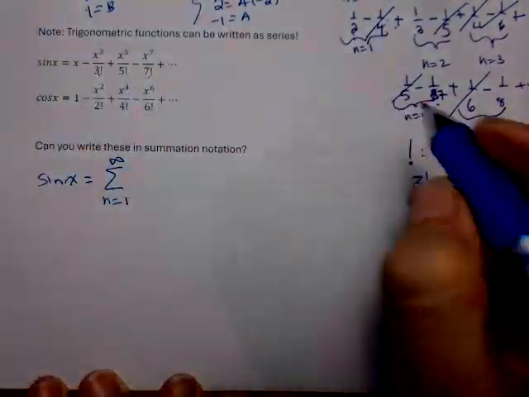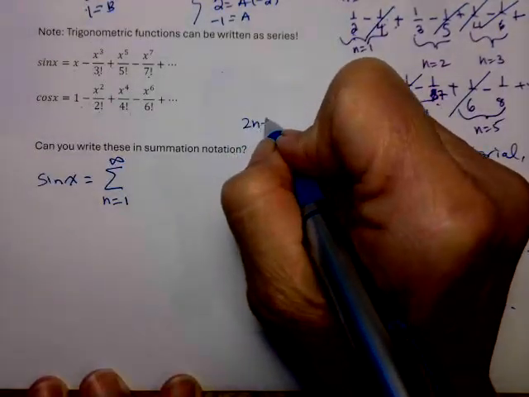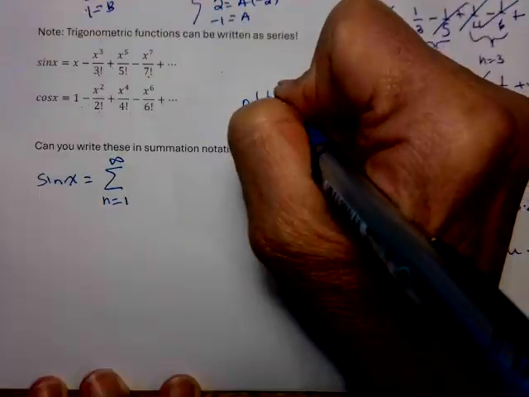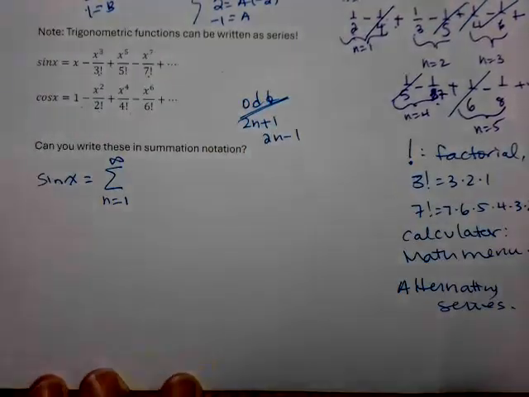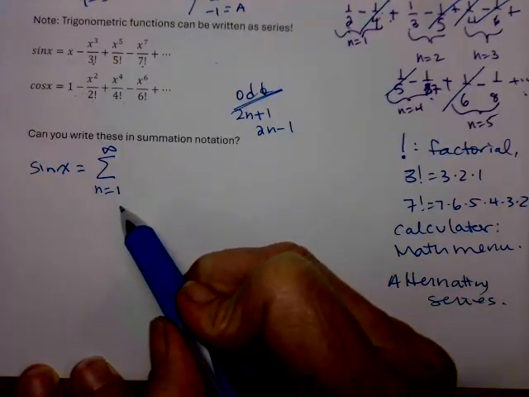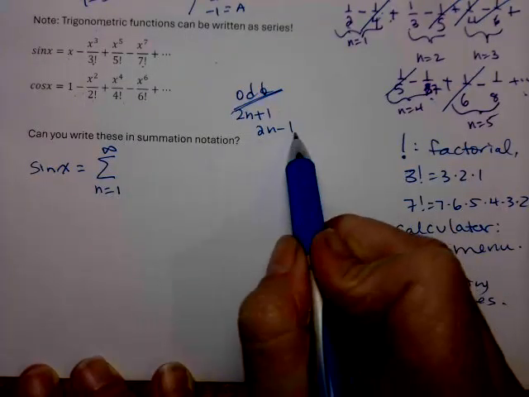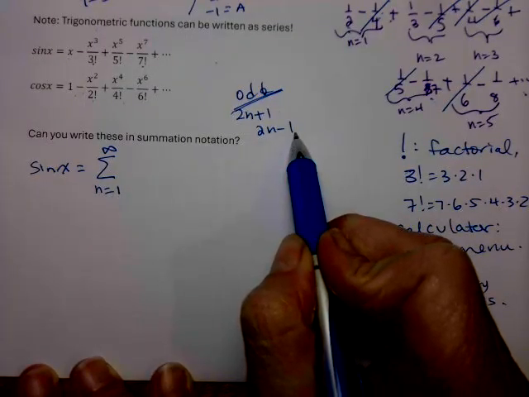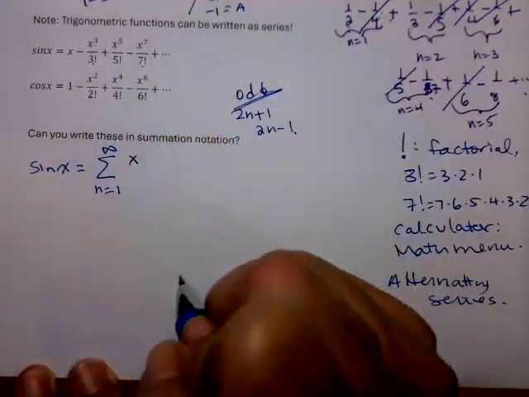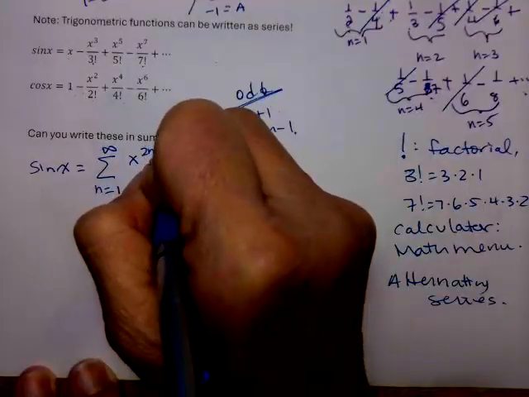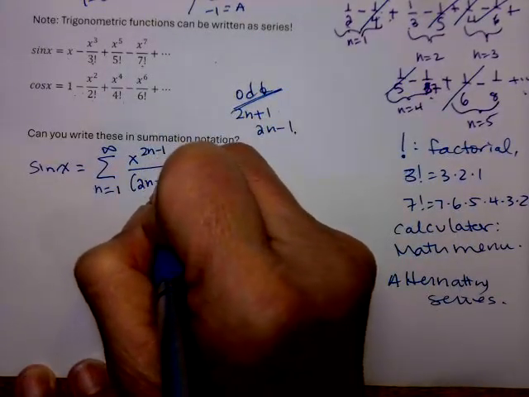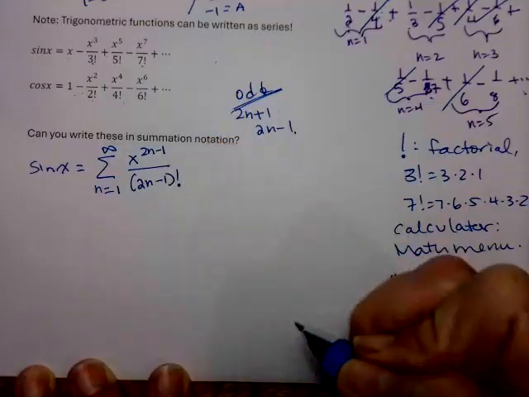To get odd numbers, 2n plus 1 or 2n minus 1, right, to force something to be odd. So if I want to start with a 1, I'm going to use 2n minus 1 to get my odd numbers there. So I have x to the 2n minus 1 divided by 2n minus 1 factorial.